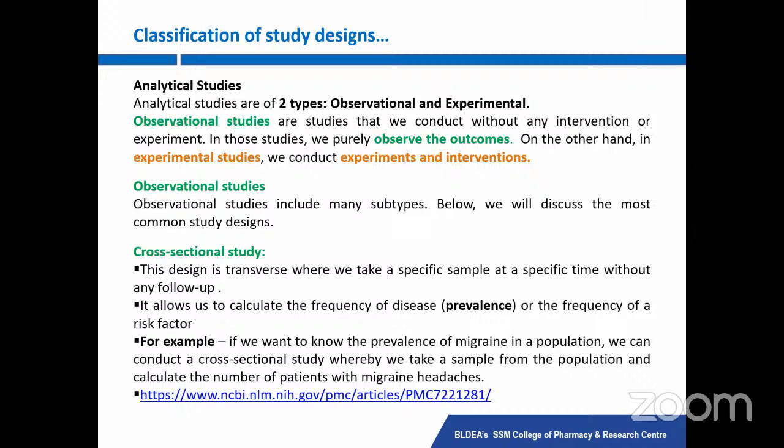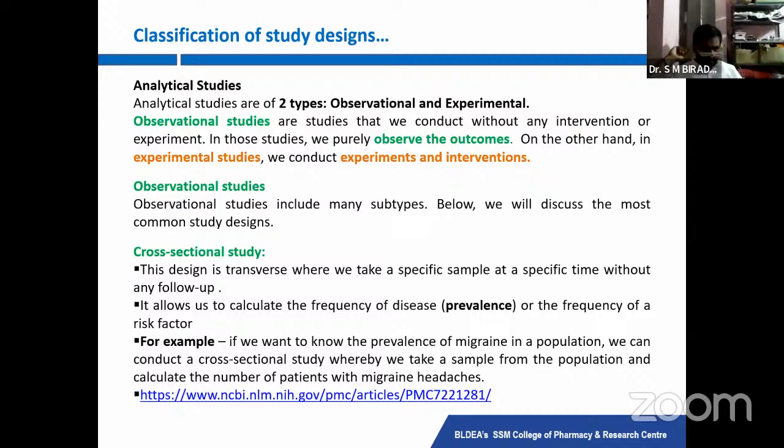So let us see what a cross-sectional study is. This study design is transverse, where we take a specific sample at a specific time without any follow-up. Here, without any kind of preparation, suppose you thought, I'll take around 100 people and see what they are suffering from in a particular summer, winter, or other season.